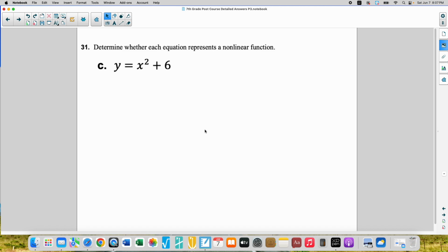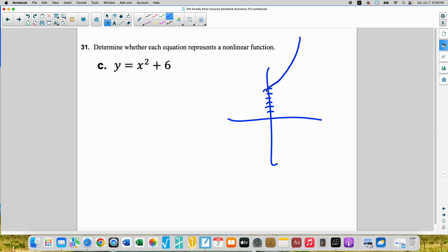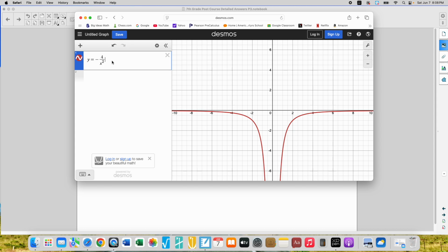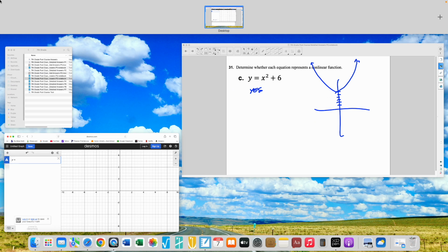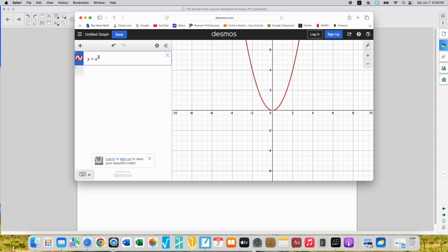Also, okay, so now this is a parabola. So this will give us a parabola that is shifted up 6. So 1, 2, 3, 4, 5, 6. It's the parent because it doesn't have a coefficient, so it looks like that. So that is nonlinear. Yes, nonlinear. And if we go in there and take it on Desmos, y equals x squared plus 6 raises it up 6.